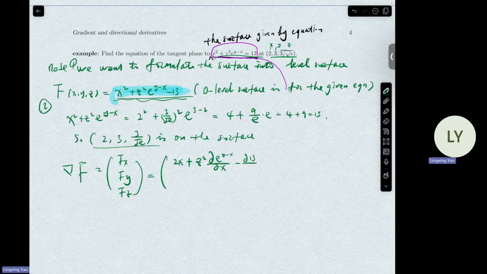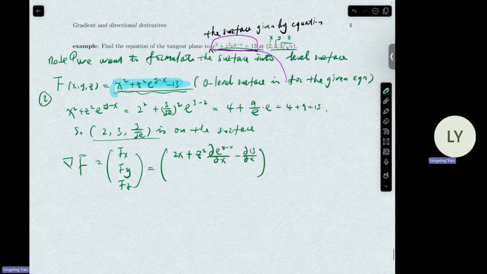So partial of 13 over partial x is 0, for sure. We don't have to carry it. And then for the second one, x squared partial derivative with respect to y, which is 0, plus z squared times partial with respect to y, and then minus 0. How about the last one?